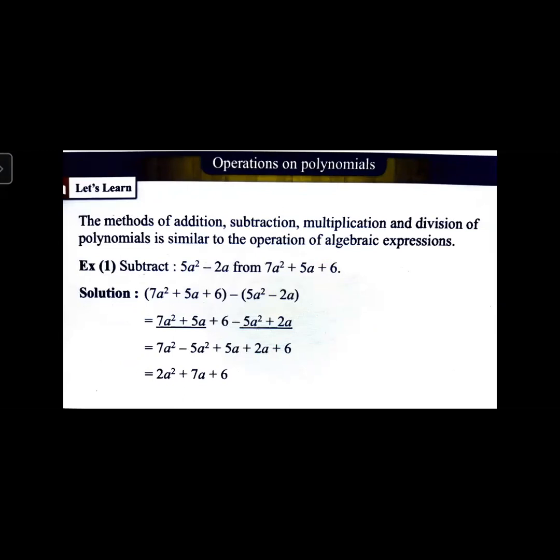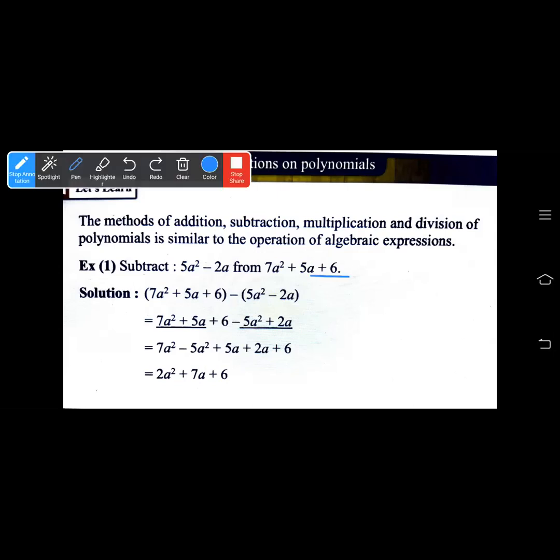First example: subtract 5a square minus 2a from 7a square plus 5a plus 6. You just have to subtract a binomial from a trinomial. That means first you have to write the trinomial; from means this one should be written first and this one second.